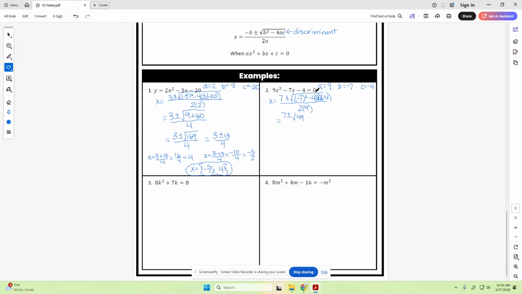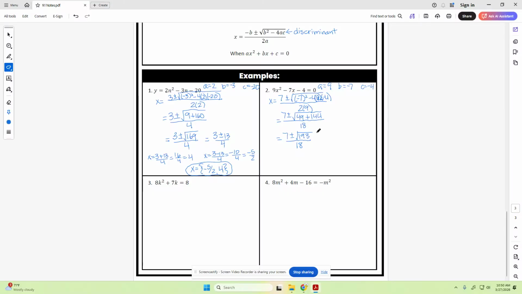So negative 4 times 9 times negative 4 will end up being plus 144, all over 18. So square, multiply, multiply. I can add these two together, and that is going to give me 7 plus or minus the square root of 193 divided by 18. Now, we're done.